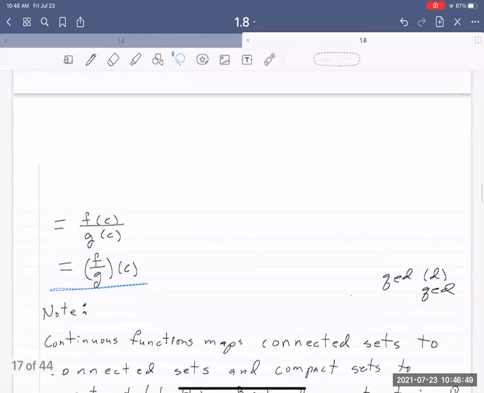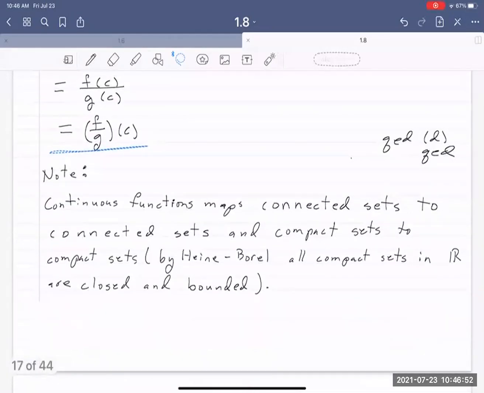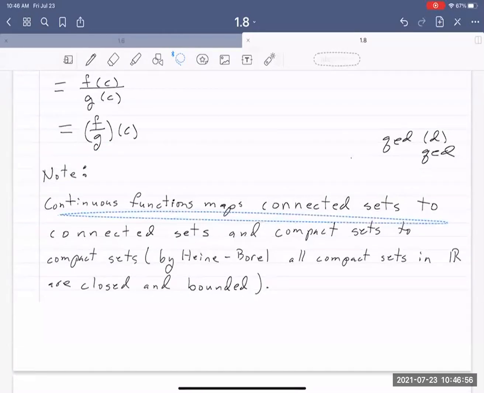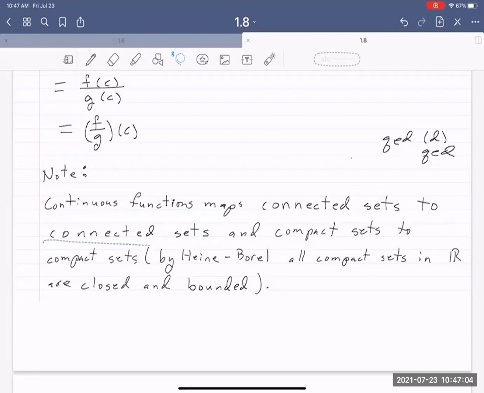Okay, so note: continuous functions map connected sets to connected sets and compact sets to compact sets. That's actually called the Heine-Borel theorem.